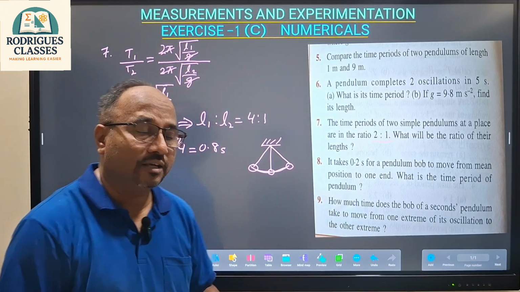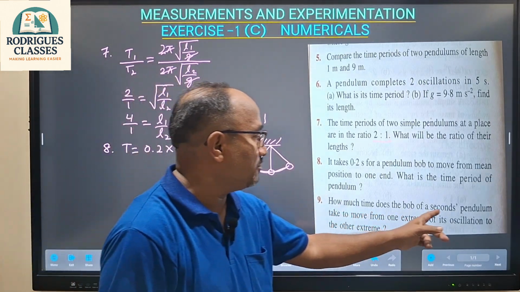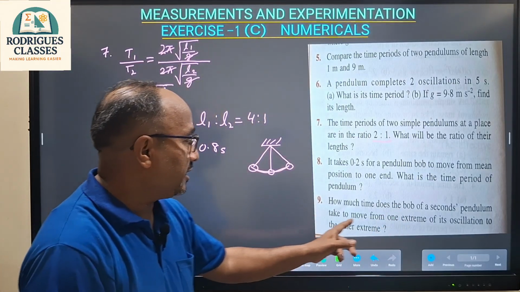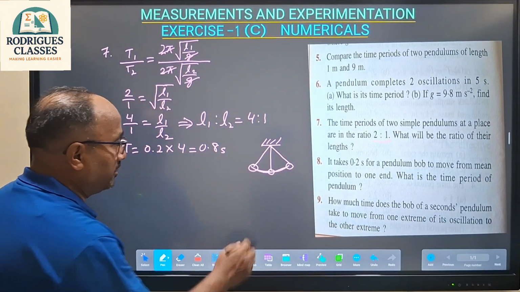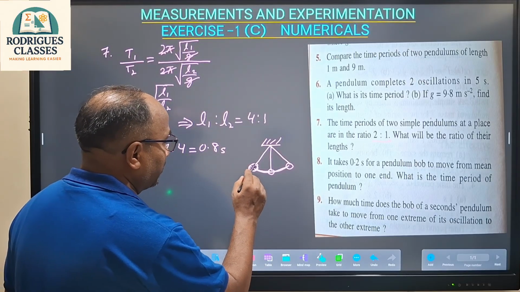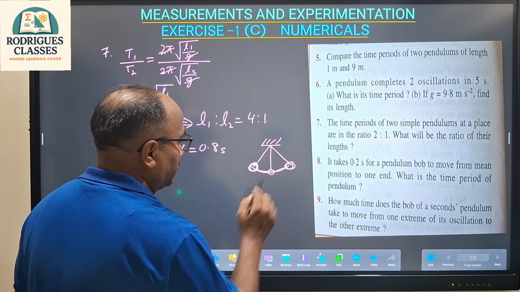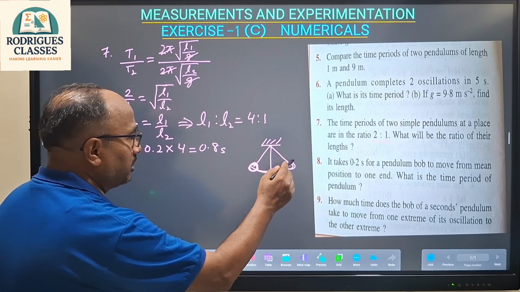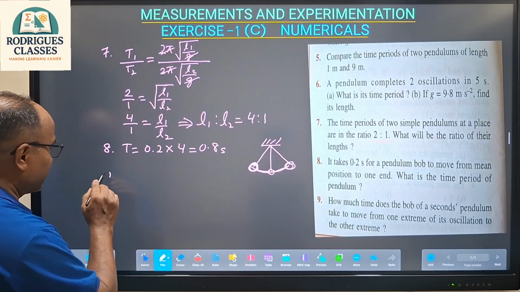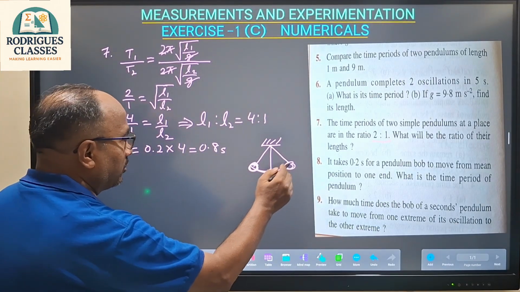Ninth one is another very easy sum which says, how much time does the bob of a second's pendulum take to move from one extreme of its oscillation to the other extreme. It means they are asking for the time taken to go from here to here. The time period of a second's pendulum is 2 seconds, going from here to here and coming back. So it is only asking you one part of it.